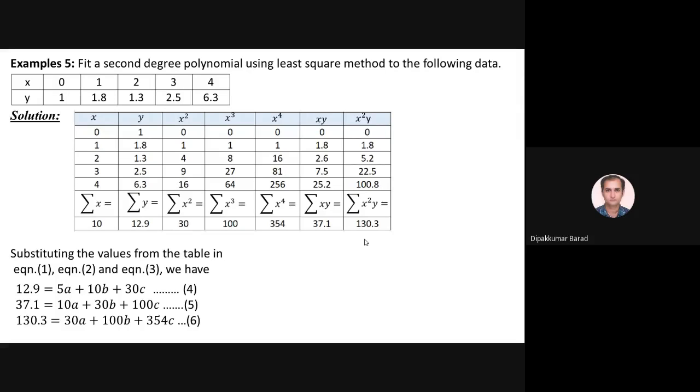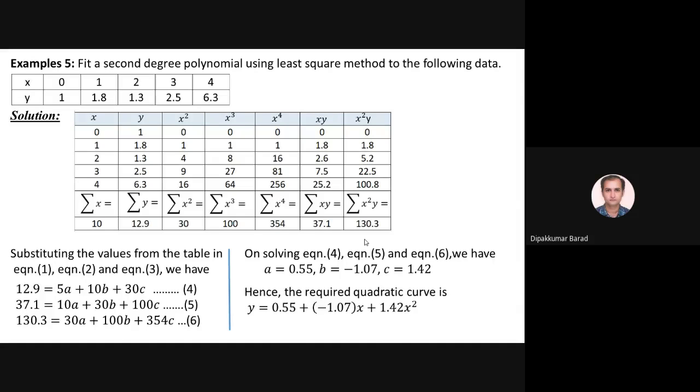After applying this method, what do you get? A is equal to 0.55, b is equal to minus 1.07, and c is equal to 1.42. So you have to put these values in the quadratic curve, and you get y equal to 0.55 minus 1.07x plus 1.42x square.